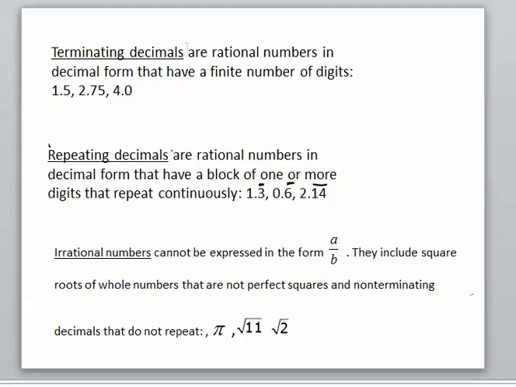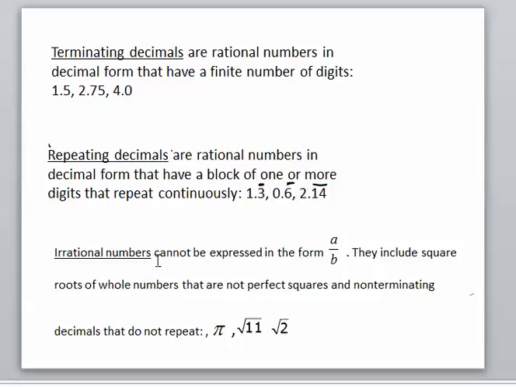This is what I just discussed with rational numbers: terminating decimals. A decimal that ends has a finite number of digits. Repeating decimals means that this would be 1.33333 or 0.66666. We've got numbers that are being repeated.